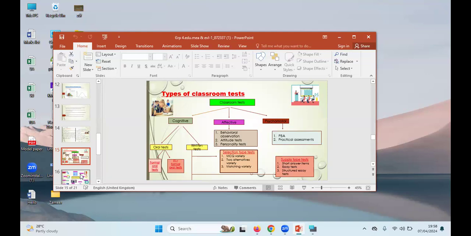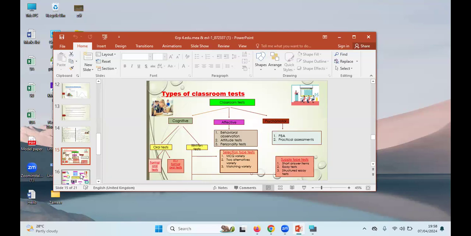A supply test is where the students respond by providing an answer. It can be either short answer type or extended answer type. In selection type questions, the students are asked to choose the correct answer from a set of options provided.